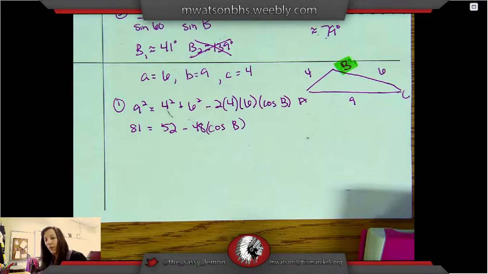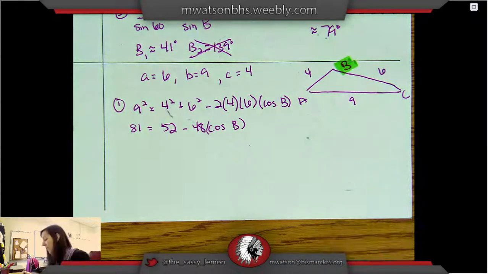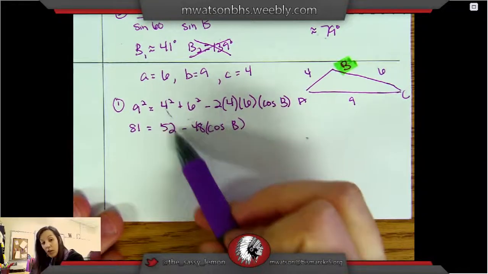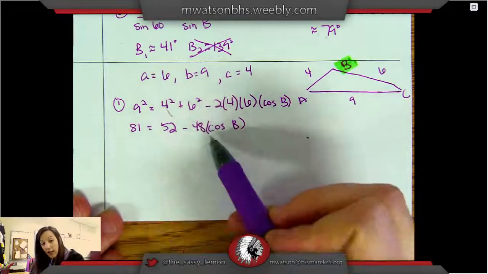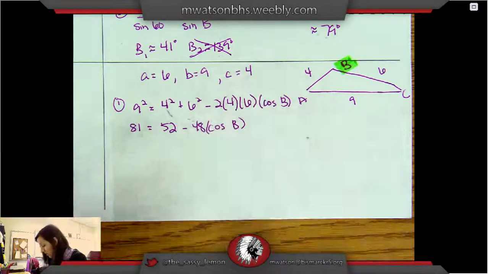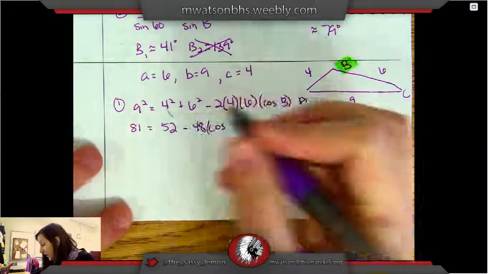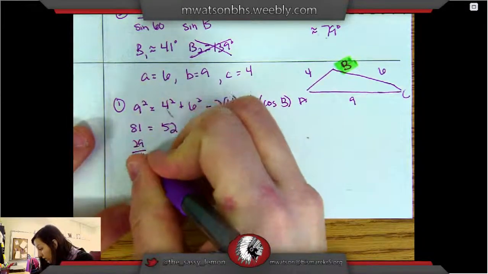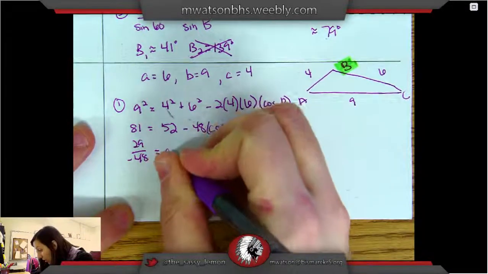It's a number on its own. So now we have to do some solving of the equation. We're going to have to move our constant and then divide by our coefficient. So 81 minus 52 is 29. And then 29 divided by negative 48 equals cosine of B.